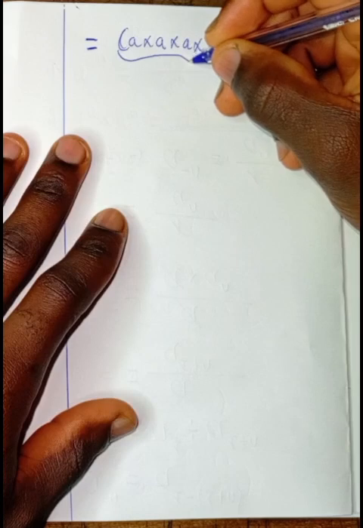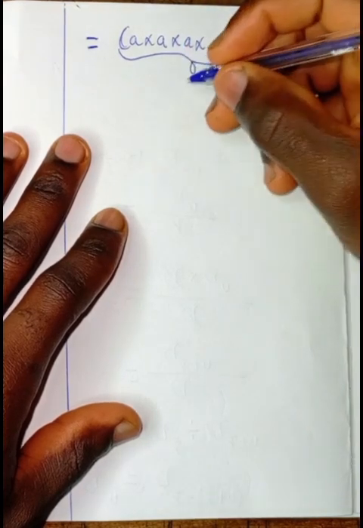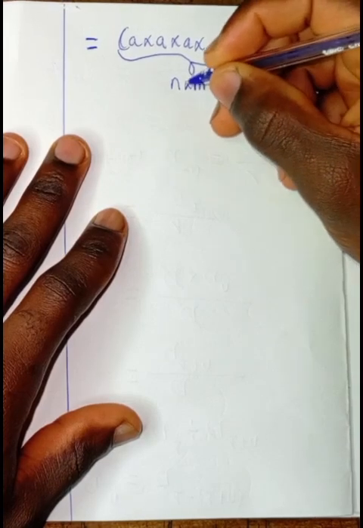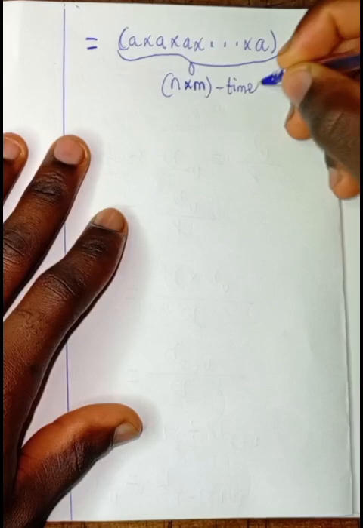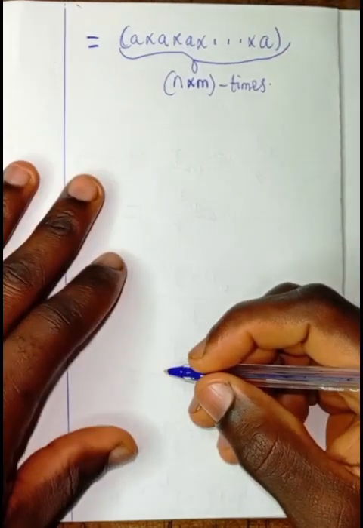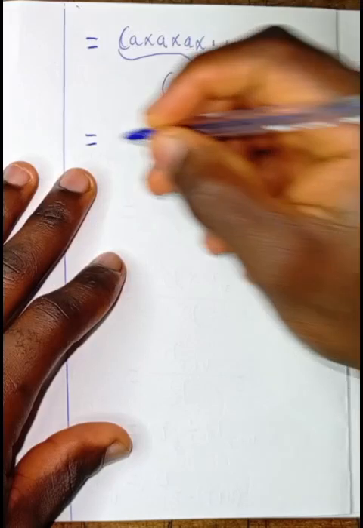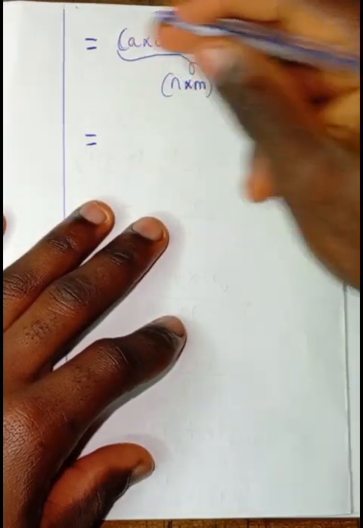You have to multiply this n times m times. So this will simply be equal to, now we have to write this in index form.